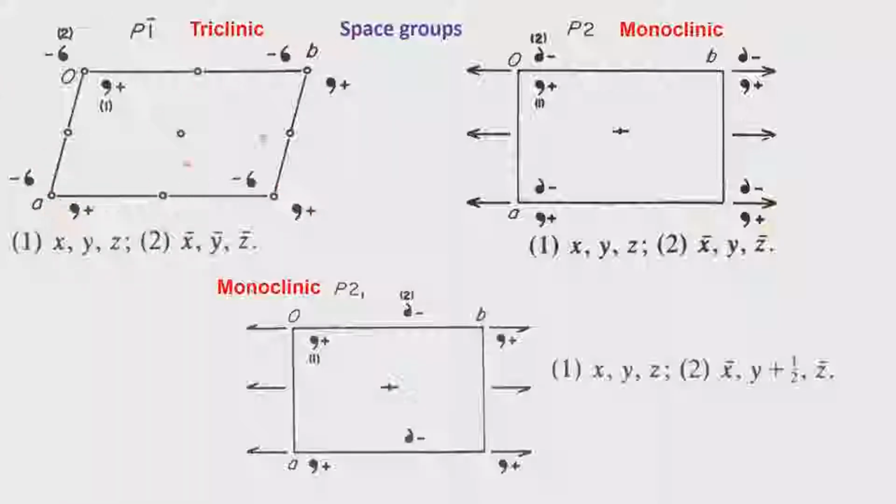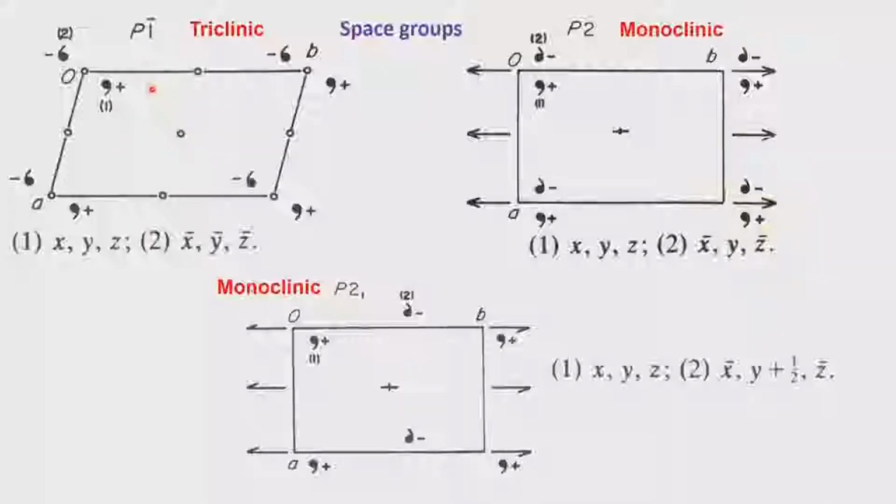Suppose we look at this AB projection, that means this particular angle between A and B is gamma, and this gamma value is non-90 degrees. We will have none of the symmetry elements associated with P1 because it is only a one-fold symmetry, that means 360 degree rotation. So, there will be an object somewhere and that remains there in the unit cell.